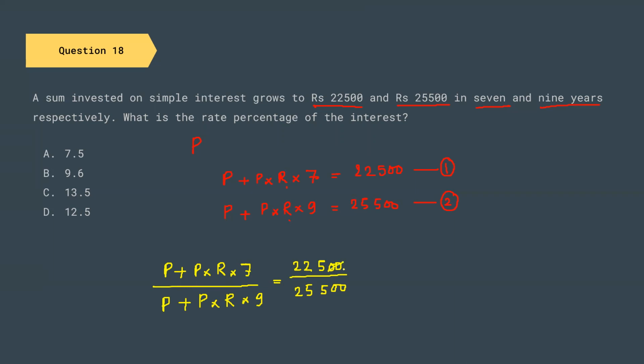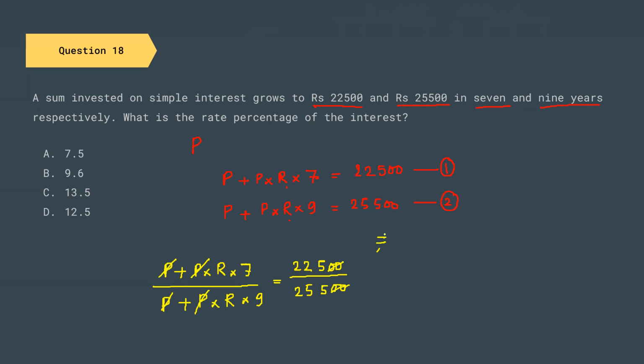So we can cancel out these two zeros, and we can take P common from both numerator and denominator, and we can cancel them out.